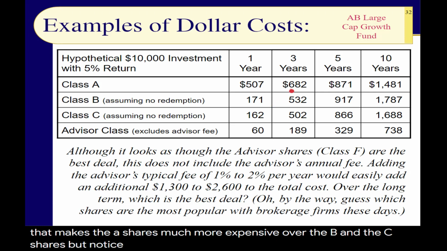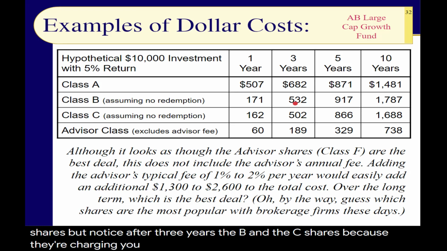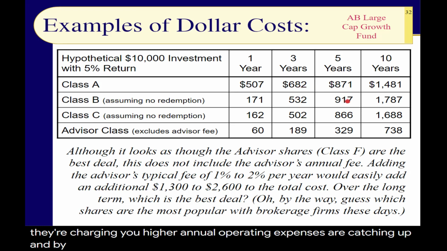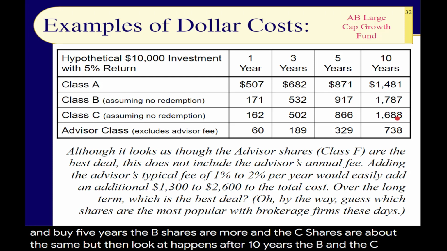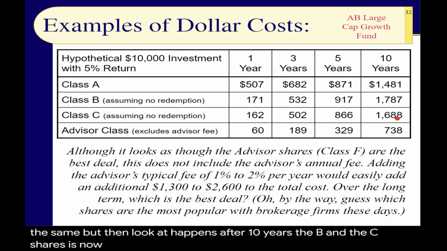But notice after 3 years, the B and the C shares, because they're charging you higher annual operating expenses, are catching up. And by 5 years, the B shares are more, and the C shares are about the same. But then look what happens after 10 years. The B and the C shares now charge you more over the long term.